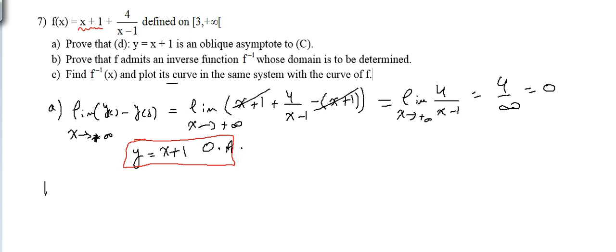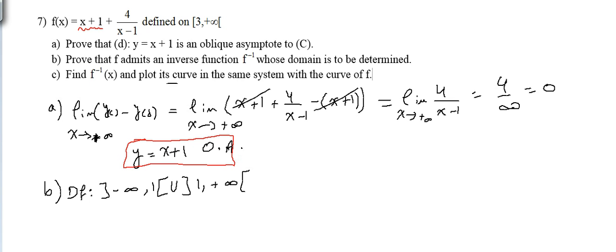Part B. We have to prove that f admits an inverse function whose domain is to be determined. First, what is the domain of the function f? The domain of f is all of R except 1, because 1 makes x - 1 zero and it is in the denominator, so (-infinity, 1) union (1, +infinity).